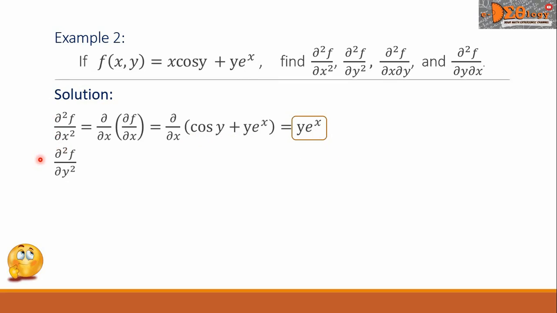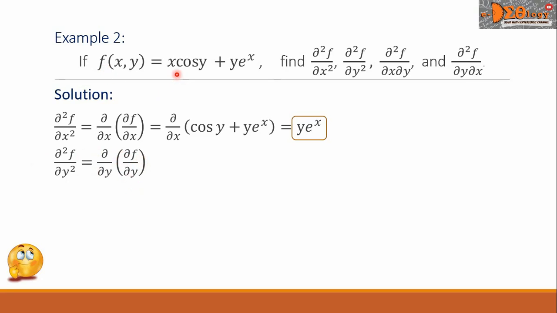Next is second order partial derivative of f with respect to y. So we can show that this is partial derivative with respect to y of the partial derivative of f with respect to y. Let us evaluate the partial derivative of the function f with respect to y.